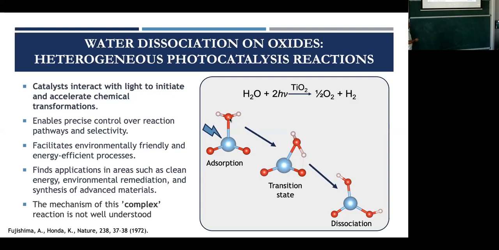This is the initial state when the molecule comes closer to the catalyst. It attains some kind of equilibrium. And this is the transition state where one of the OH bonds of water elongates and comes closer to the titanium dioxide, and it's getting ready to dissociate. And then in the next state, it is completely dissociated.